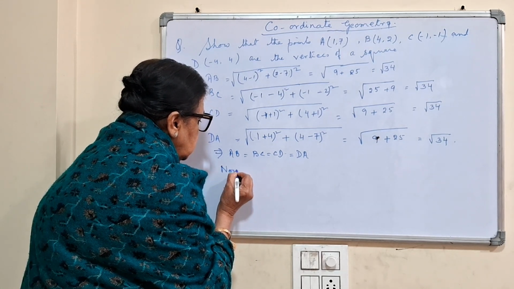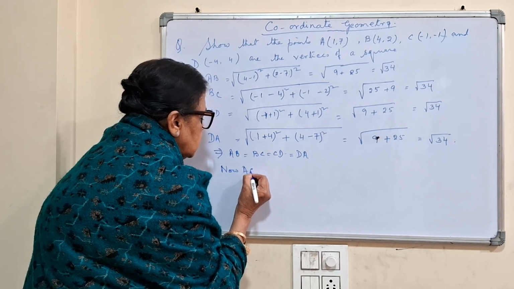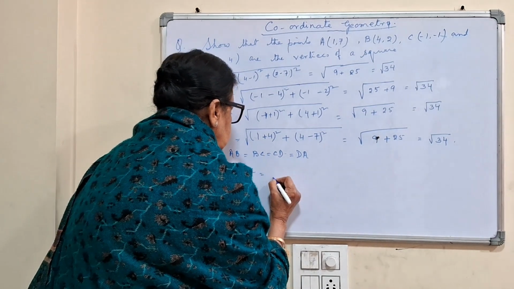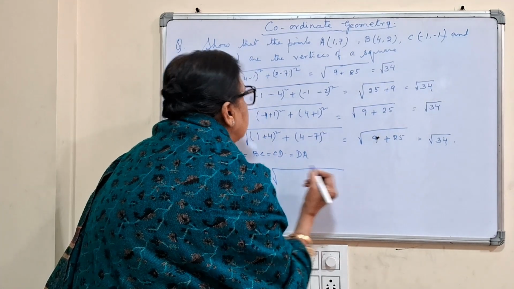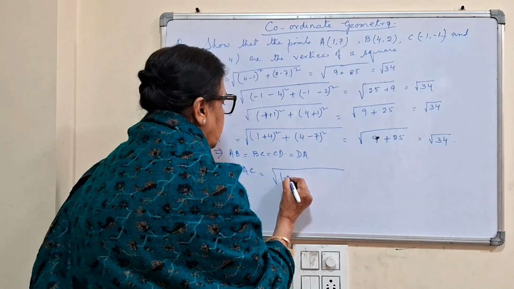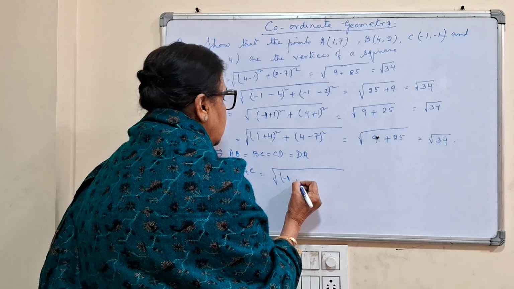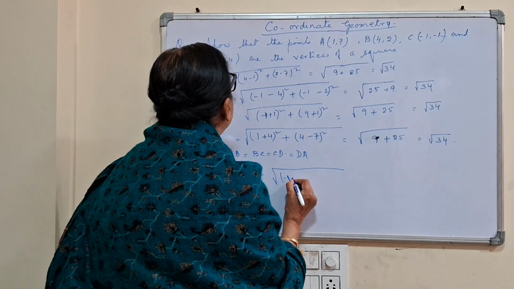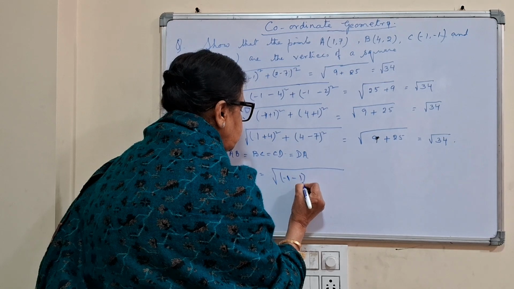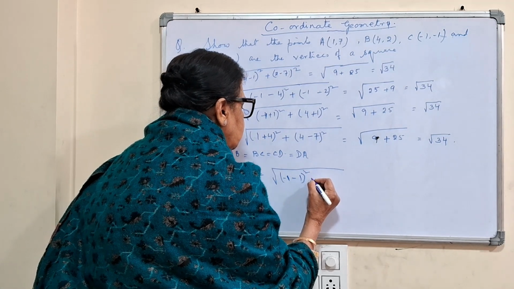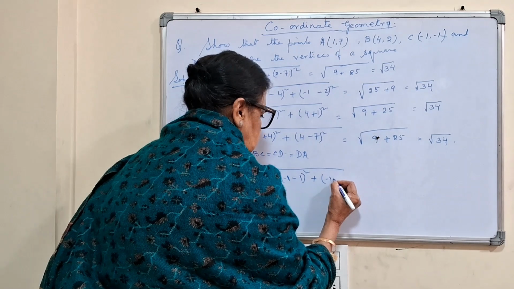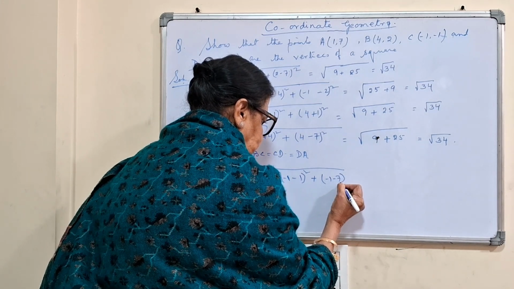Now AC, with A (1, 7) and C (-1, -1), is the square root of 1 minus -1 whole square plus 7 minus -1 whole square.